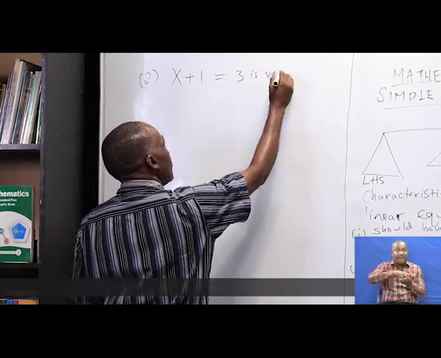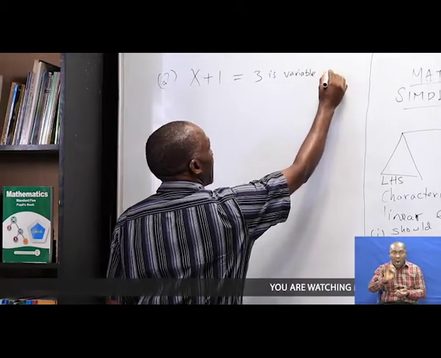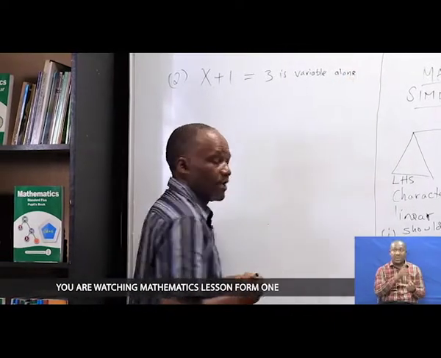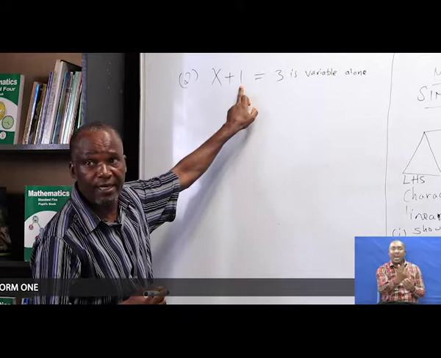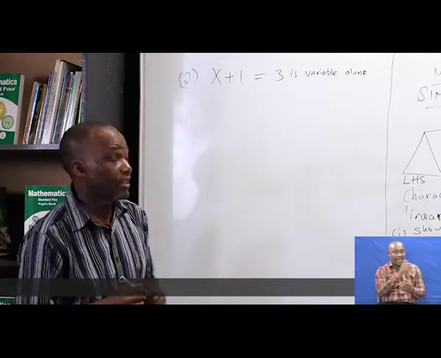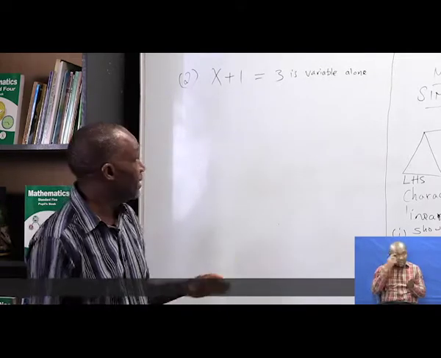Is the variable alone? No. Why is it not alone? Because there is a numeral, which is 1. So this one must be alone. Then when x is alone, it means the equation is solved.